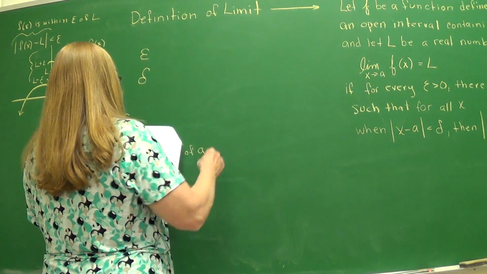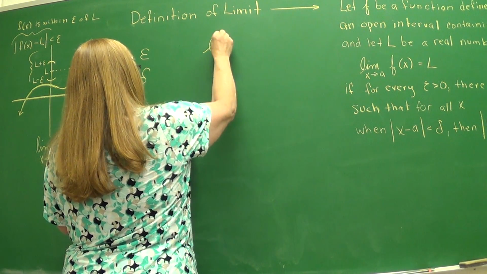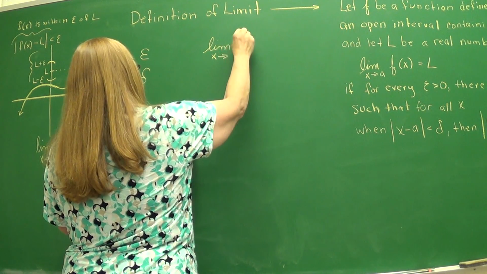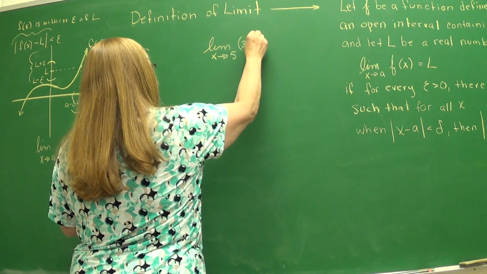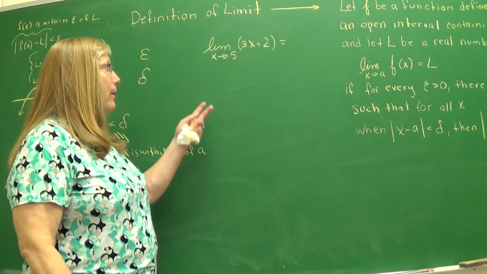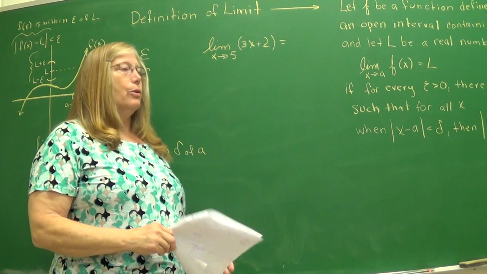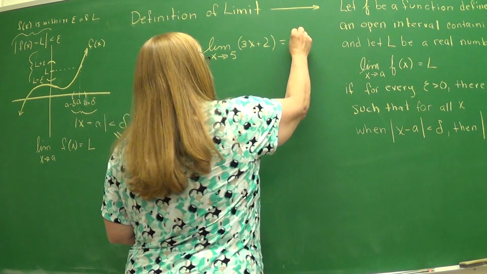Using the definition of limit, let's find the limit, or prove that the limit as x approaches 5 of 3x plus 2 equals what we think it is. So this is straightforward substitution. When we put 5 into 3x plus 2, we get 17.